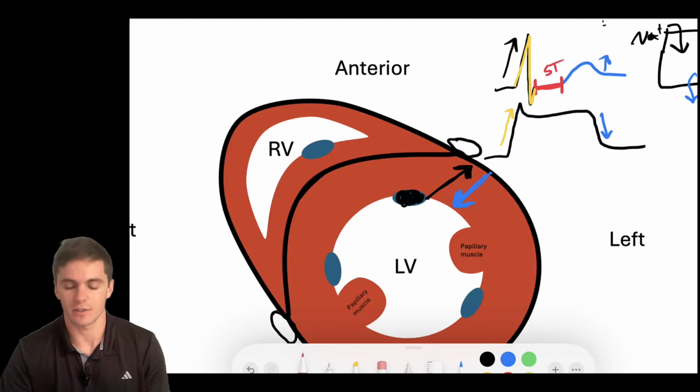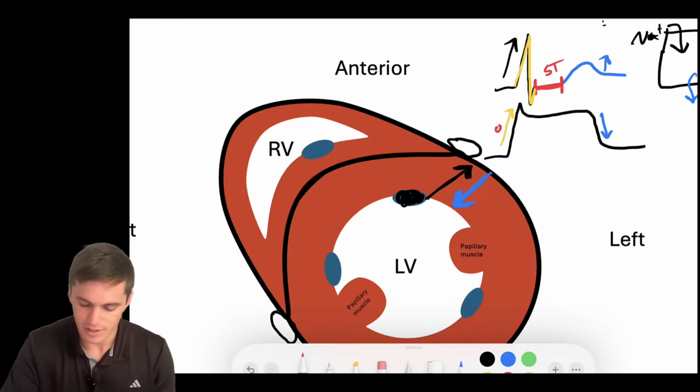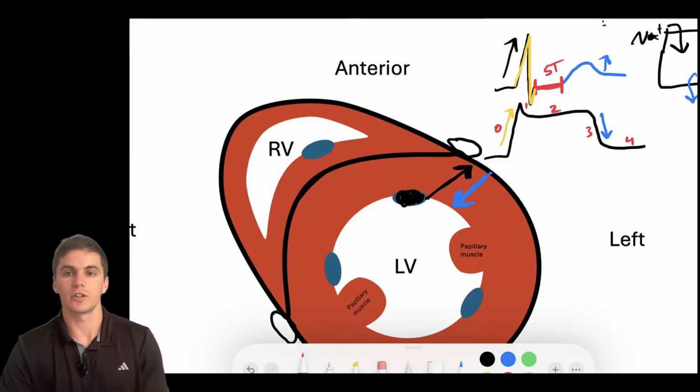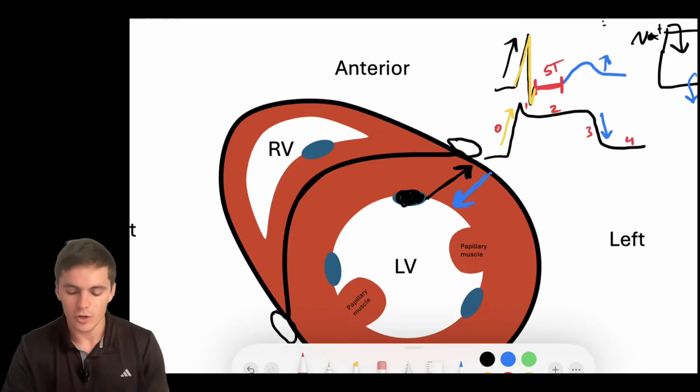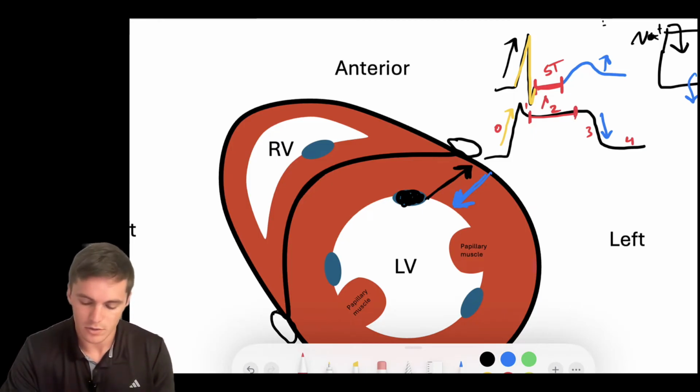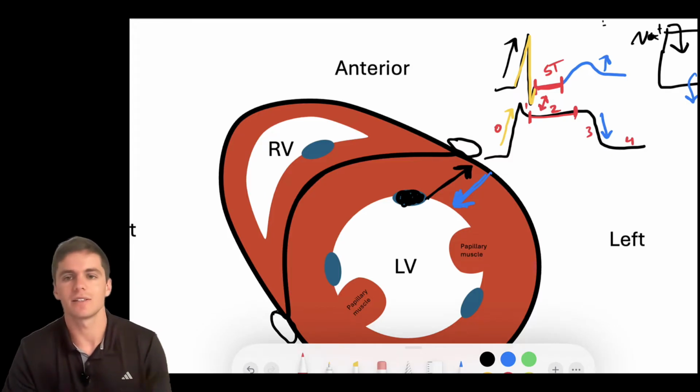In our segments here, we've got phase 0, phase 1, phase 2 is that big flat part, phase 3 is repolarization, and then phase 4 is our return to baseline. And so notice that the isoelectric aspect of phase 2 correlates with the isoelectric aspect of our ST segment, right?